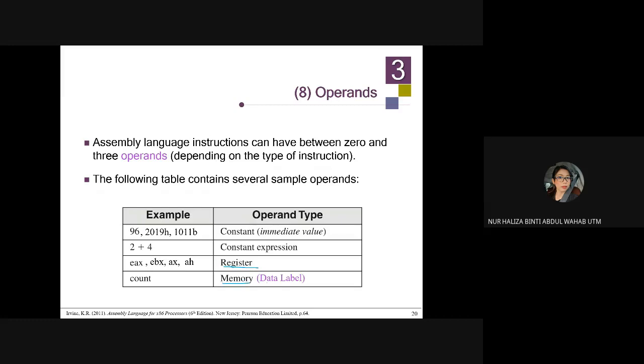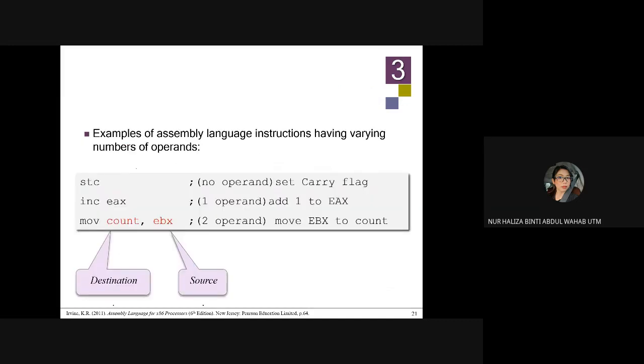And then memory, which is a data label, for example a count. So we look into examples of how you write assembly language instructions having various numbers of operands. You can see over here you have STD, INC EAX.